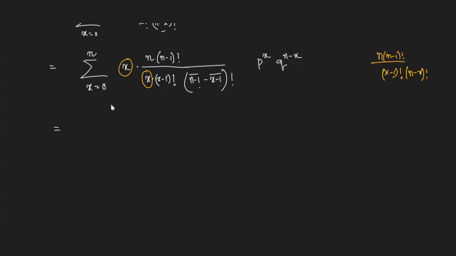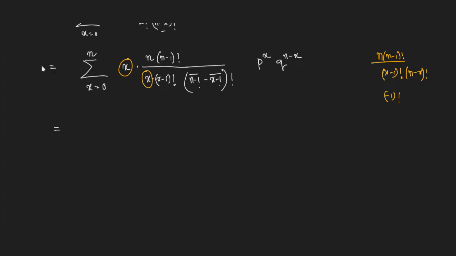The summation goes from x equal to 0 to n. But if we put x equal to 0, we get minus 1 factorial, and a negative factorial is never mathematically possible. That means we cannot put x equal to 0.